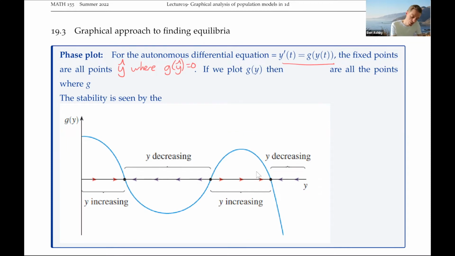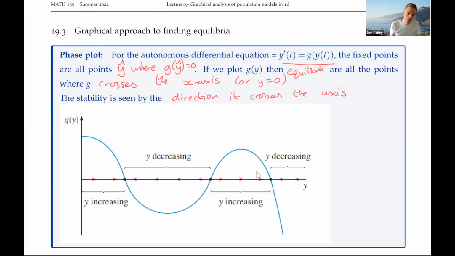So if we plot g of y, then our equilibria, our fixed points, our steady states, whatever you want to call them, are all the points where g crosses the x-axis, or where g of y is equal to 0. We can see that the stability of each of these points is going to be given by the direction it crosses the axis.